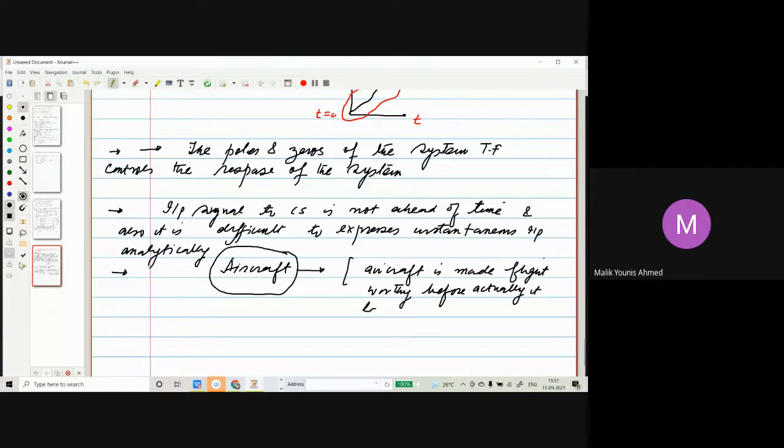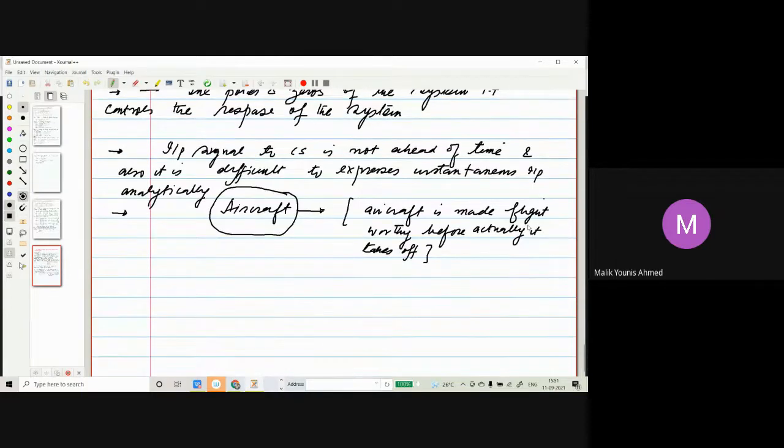This is the control system engineer's job. Also, it's very important to mention the type of disturbances which this aircraft will encounter during its flight.